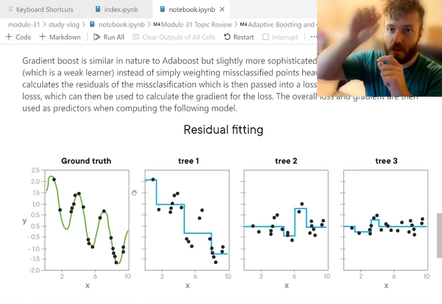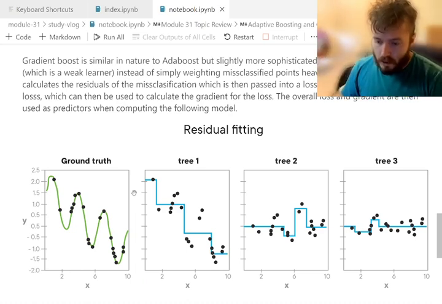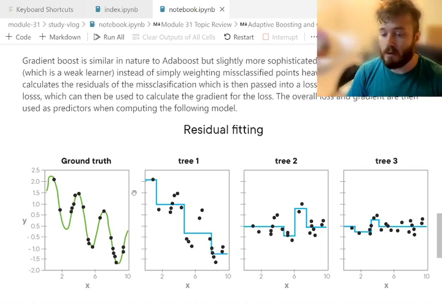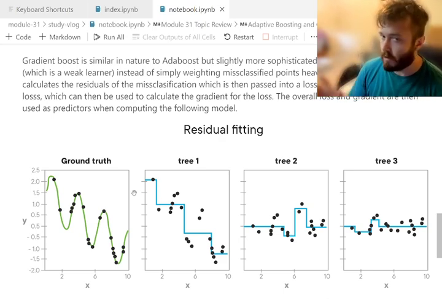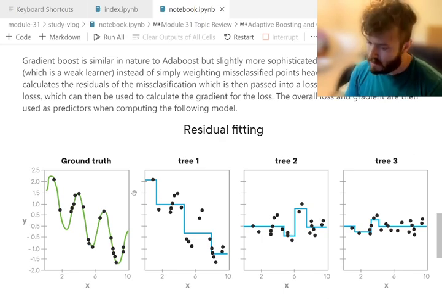Basically, a residual is the difference, literally the distance, between the actual data point and the predicted data point. So it calculates the residuals of the misclassifications, and that is passed into a loss function, which is just a fancy calculus formula, basically.